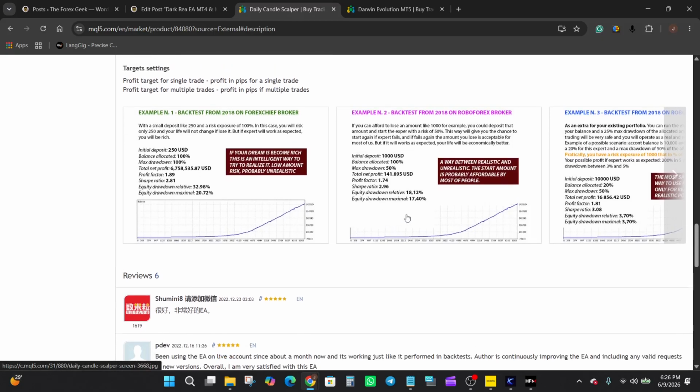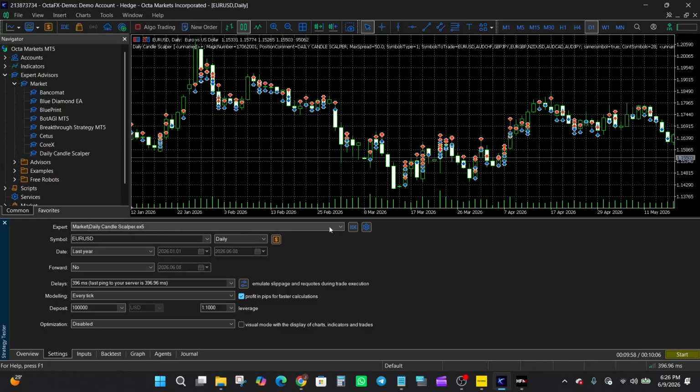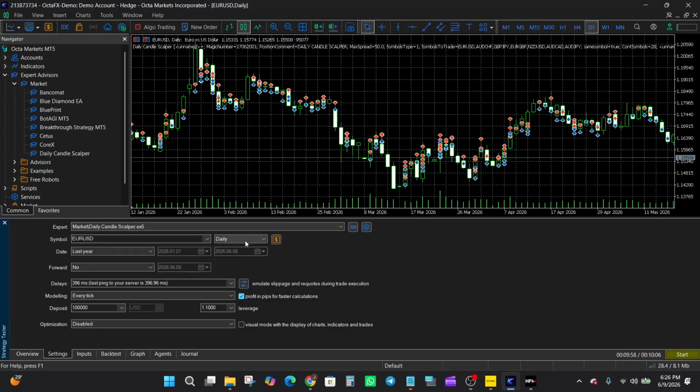All right. Let's head over to our strategy tester so that we can see the EA in action using recent market data. So the Daily Candle Scalper, we are testing it on EURUSD on the daily time frame over the past 5 months, which is from the beginning of this year 2026 till date. We are using the last ping to the server for the delays.